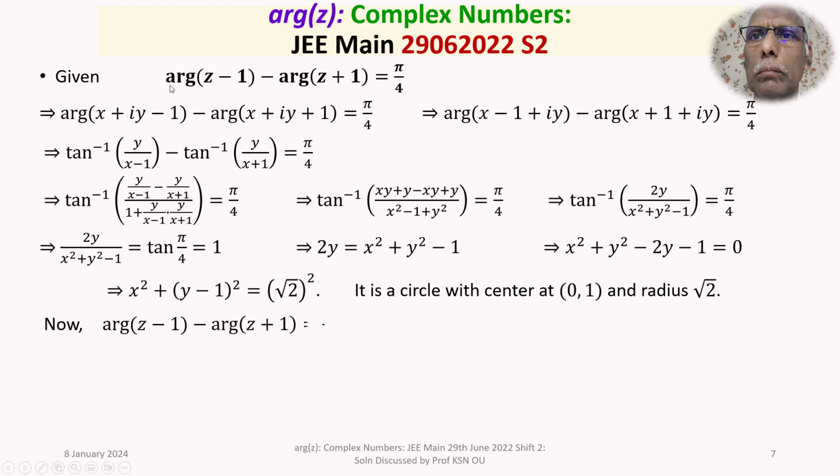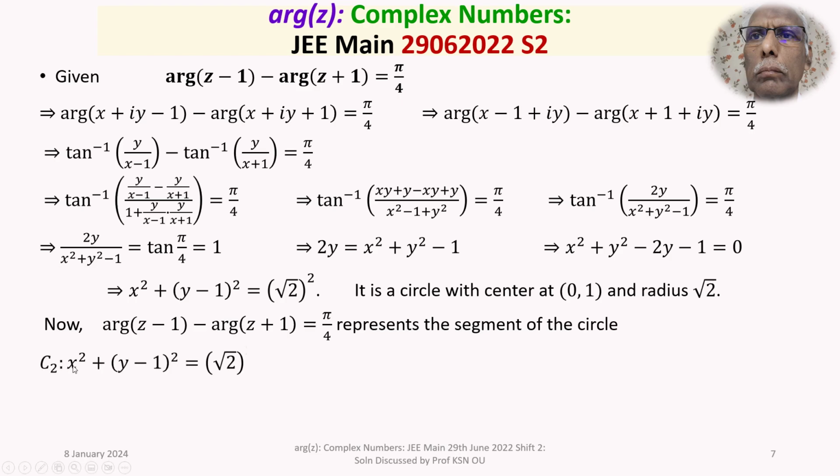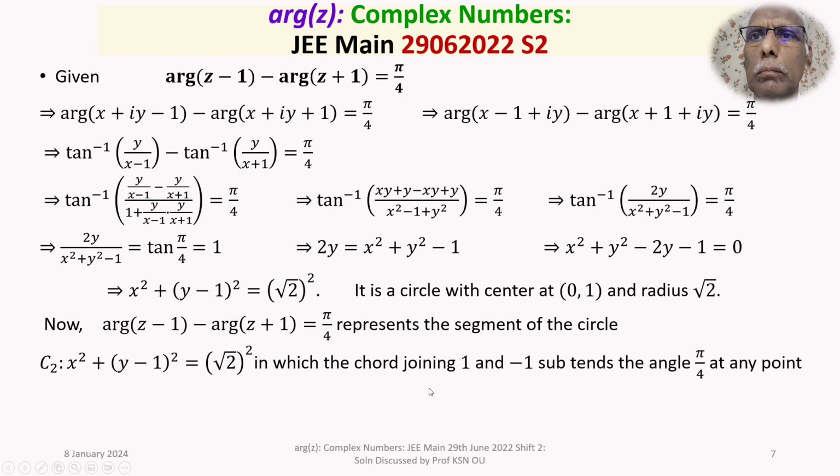Therefore, argument of z minus 1 minus argument of z plus 1 is equal to pi by 4 represents the segment of the circle that we mentioned in the last slide. That certain circle is C2, given by x square plus y minus 1 whole square is equal to root 2 square, in which the chord joining 1 and minus 1 subtends the angle pi by 4 at any point on the segment. So that is the discussion.